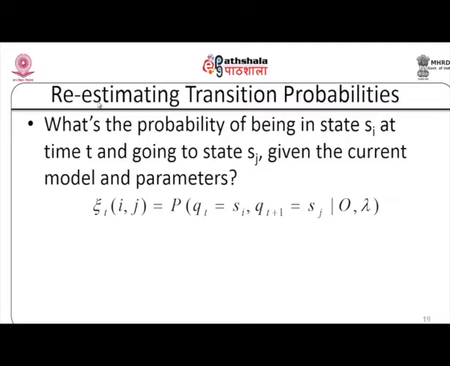That probability is called eta_t(i, j). It is defined as the probability of being in state i at time t and going to state j, given the current observation and the current model parameters. Okay. So, this is the transition probability when we talk about the learning problem.